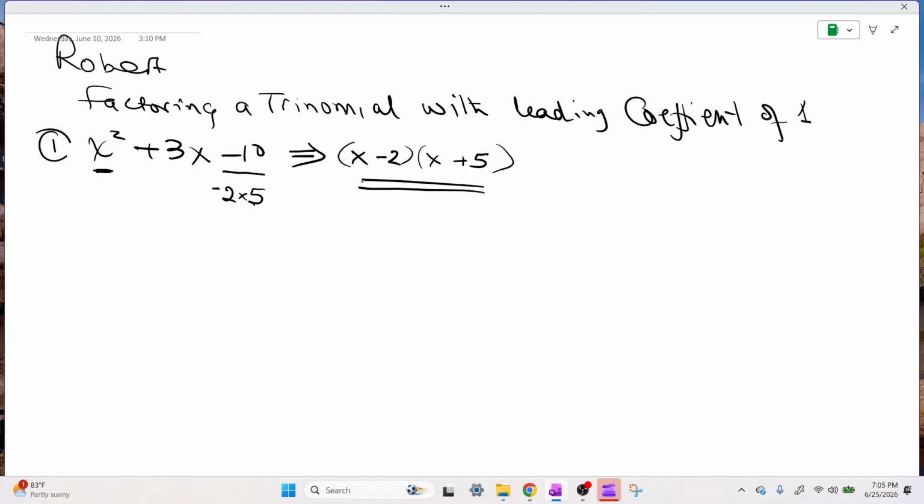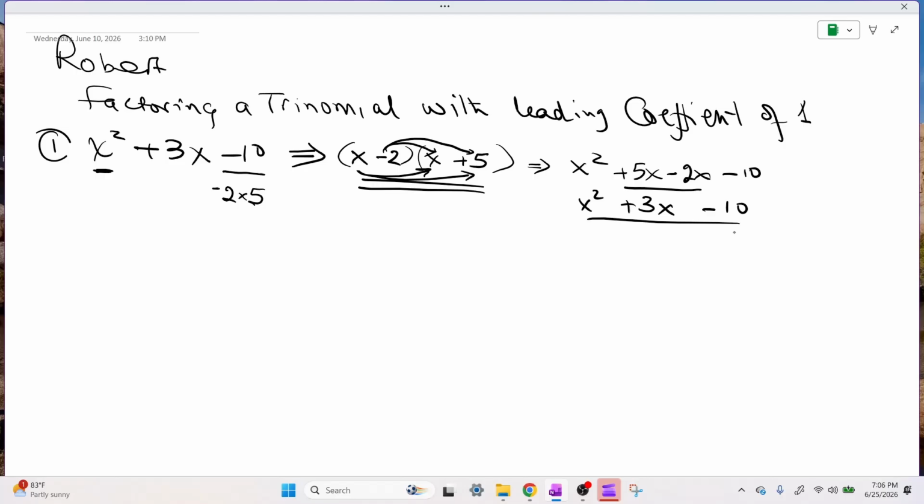And when you multiply out x by x, we have x squared. x by 5, we get 5x. And then minus 2 by x will get minus 2x. And then minus 2 times 5 will have minus 10. This will leave us with 3x positive. Then our x squared and then our negative 10.